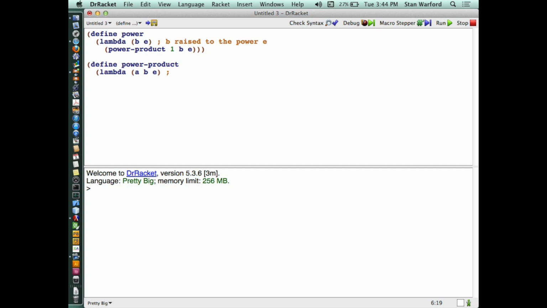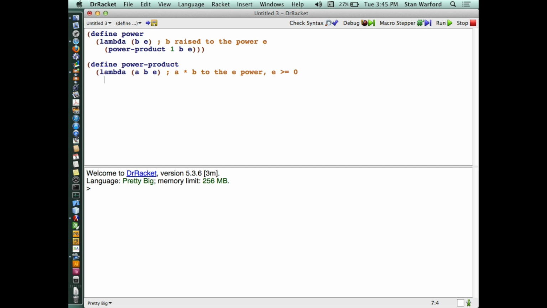This is going to be A times B to the E power, and that's with E greater than or equal to 0.